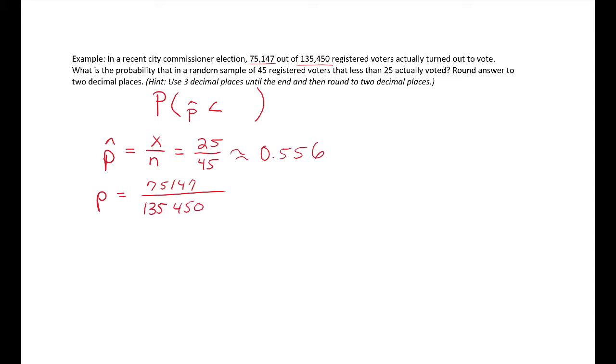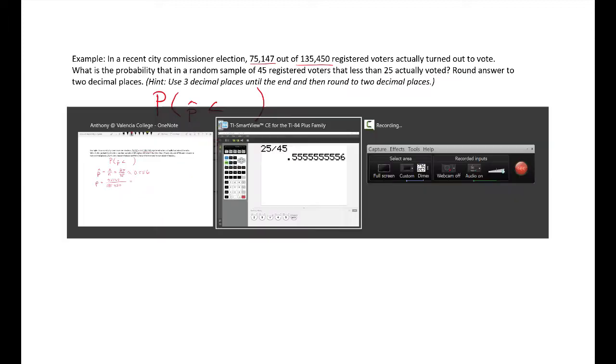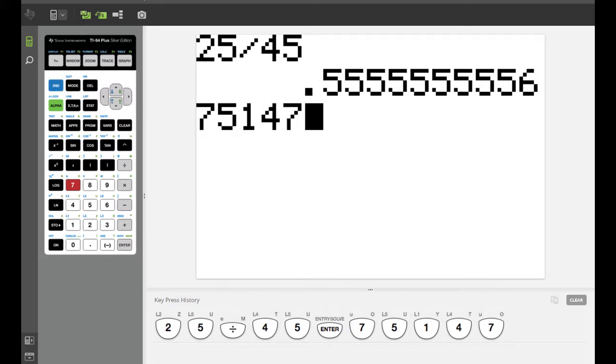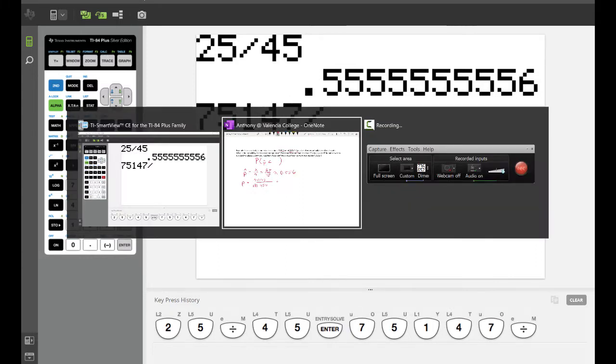This is your population proportion. And what does this equal? Once again, we'll go to the calculator. So I'm going to take 75147 and divide that by, what was the number? It was 135,450.